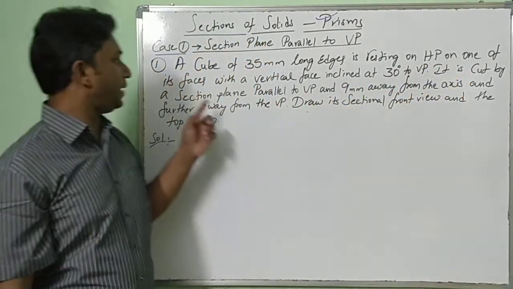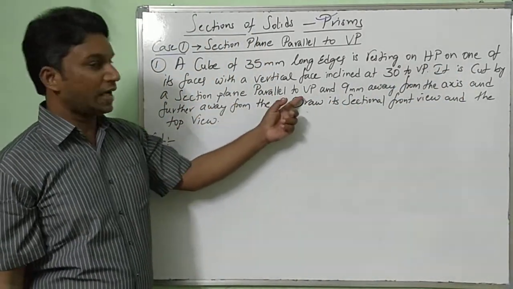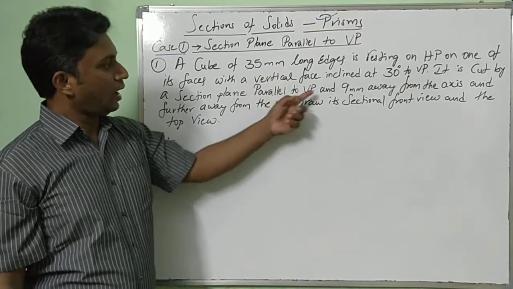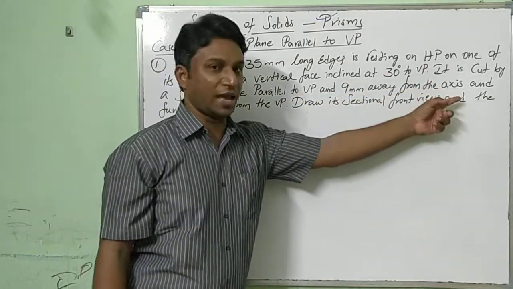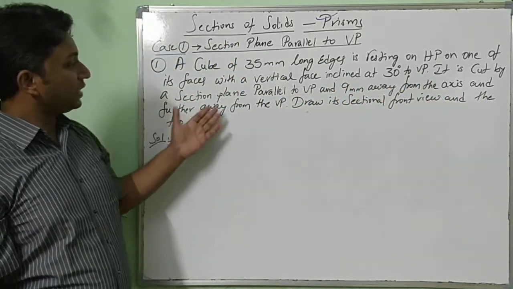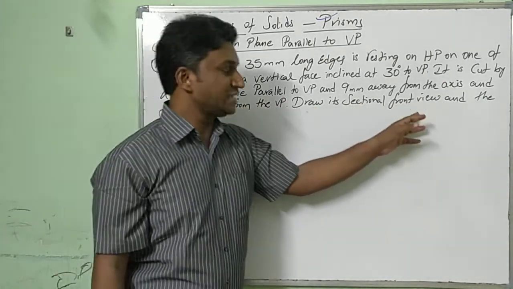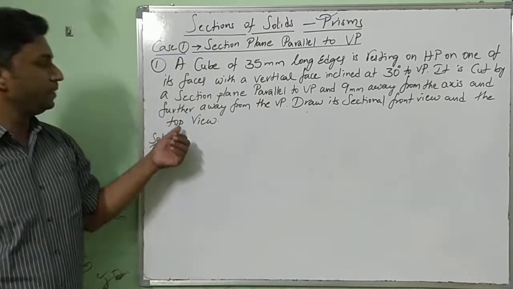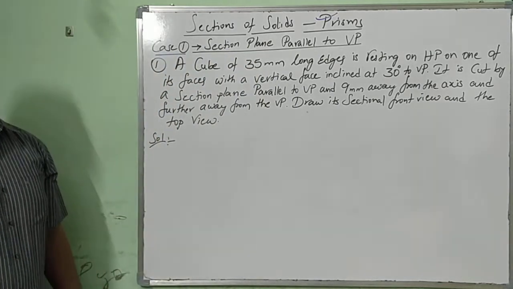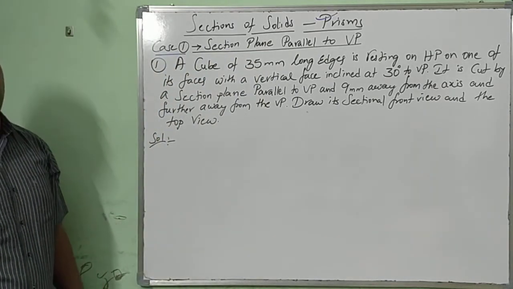It is cut by a section plane parallel to VP and 9 mm away from the axis and further away from the VP. Draw its sectional front view and the top view.